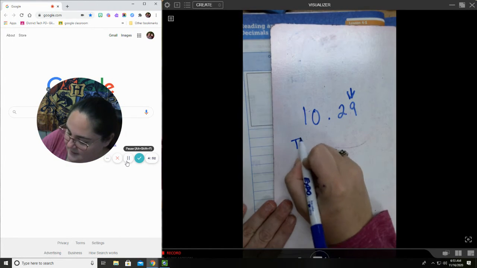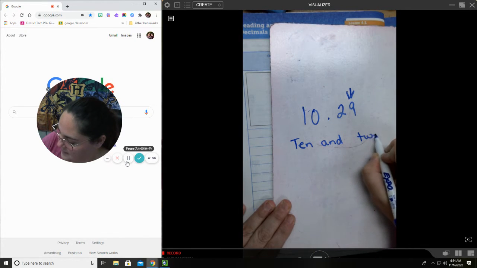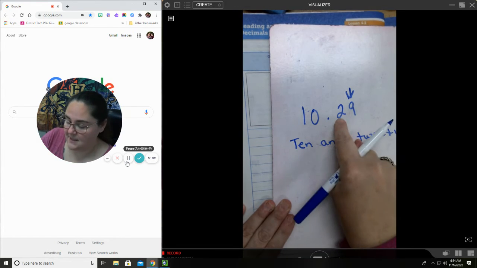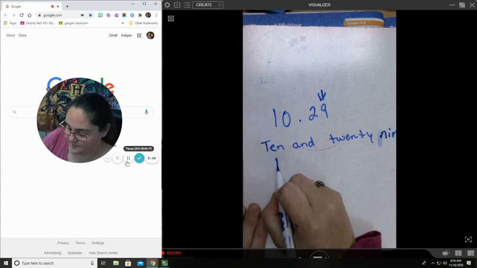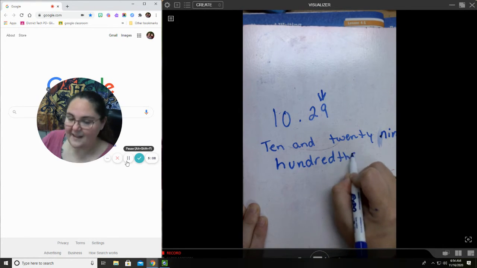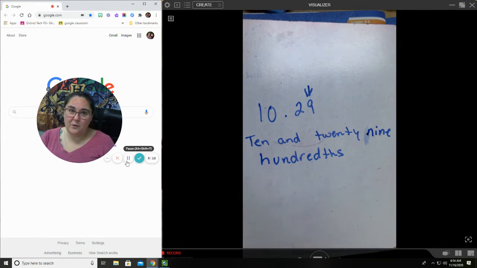So this would be 10 and 29 hundredths. That's how you would write it. So if I were doing word form, that is what you would write. That is also how you read a number.